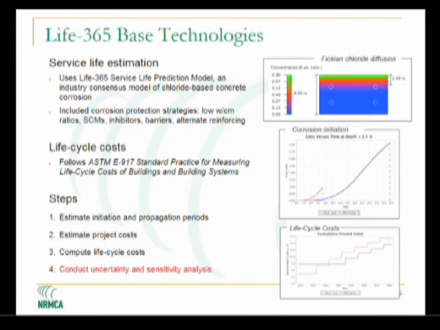The basic model itself includes specific corrosion protection strategies. So if you have a concrete slab, a concrete pier column, a tilt-up wall that's subject to chlorides, or other types of standard concrete members, you can assess directly what the impact on service life and life cycle cost would be of lowering the water cementitious material ratios, adding in SCMs or inhibitors or barriers, or alternate types of reinforcing, such as epoxy-coated rebar or steel.